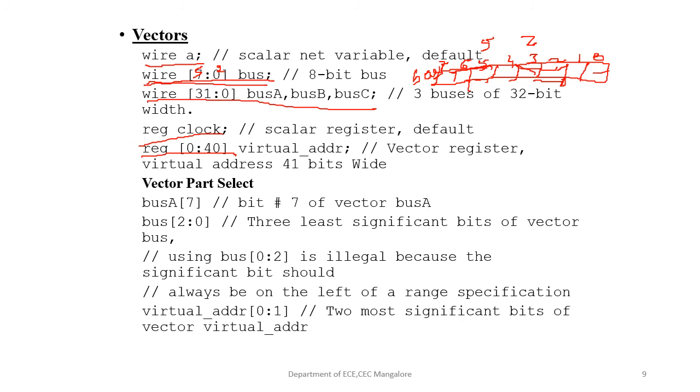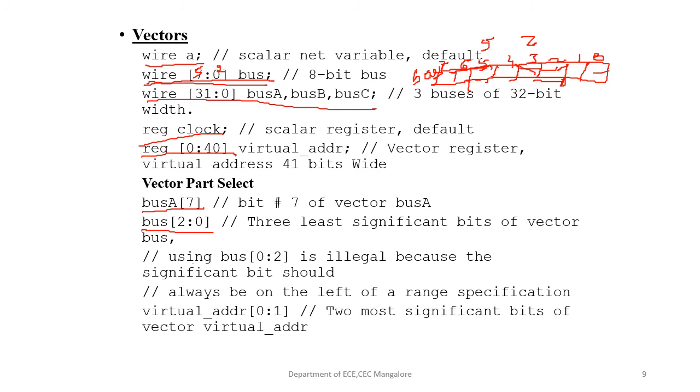Part selection, I already explained this one. If you want only a single bit, you can write bus A of 7, the 7th bit of bus A, only one bit selected. Then bus [2:0] is selected, so instead of 8 bits it's selecting only 3 bits.